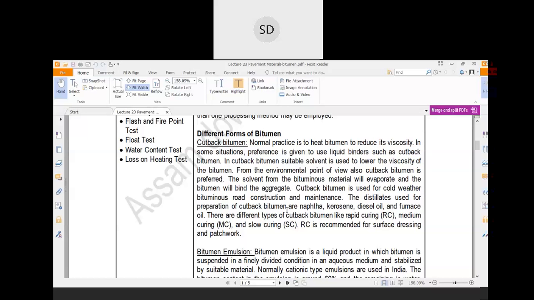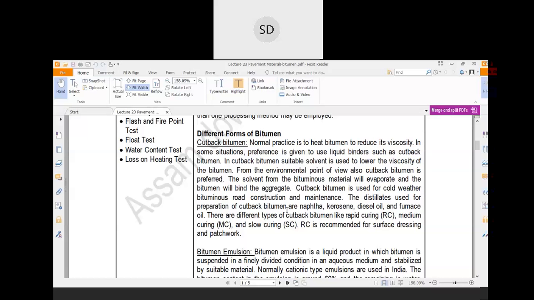But in cutback bitumen, you use some volatile material with the bitumen. Volatile materials are those which evaporate in the presence of air, like kerosene, petrol, naphtha, or diesel oil.